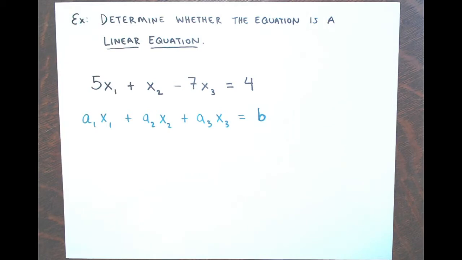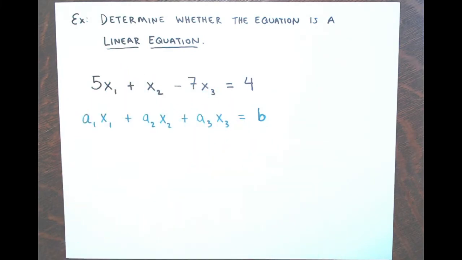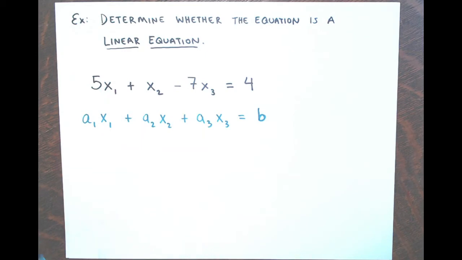And notice, every variable, x1, x2, and x3, has an exponent of 1. Every term has a degree of 1, meaning only a single variable to the first power in it. No special symbols with variables in it.